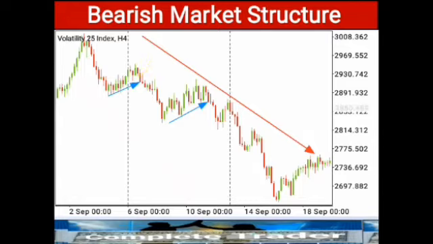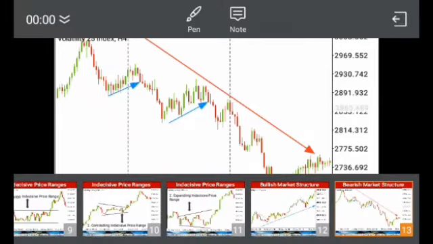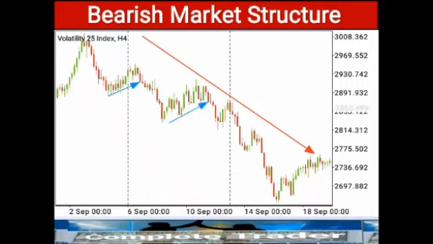The retracement doesn't take out the high, the starting point of this strong price range, then price creates another price range. So each time the price breaks or consumes the former price range, then you understand that the new price range has been formed.